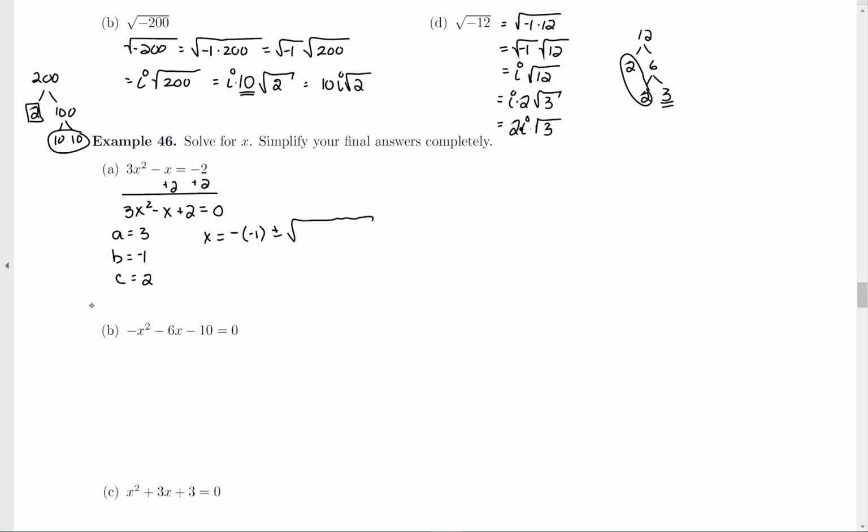So the discriminant is b squared. Notice I put the negative 1 in parentheses and squared it, minus 4 times a times c. 4 times 3 times 2. So I have positive 1 minus 24, which is a negative 23.